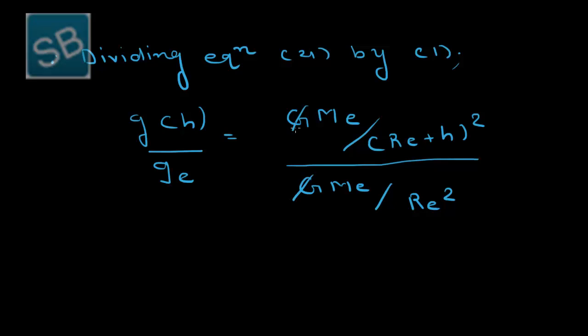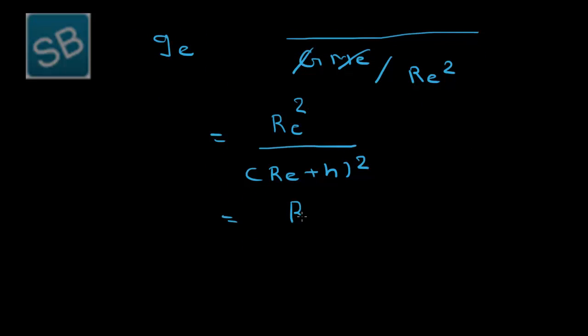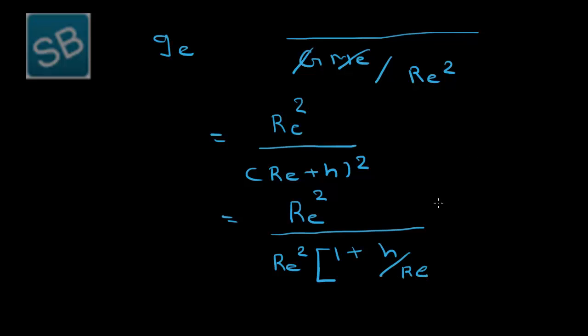So this G and G are cancelled out. Mass of Earth and mass of Earth is also cancelled out. Is equal to R_E square divided by R_E plus h whole square. Now from the denominator I am taking R_E square as common, so it is R_E square into 1 plus h over R_E whole square. So here R_E square is cancelled out.